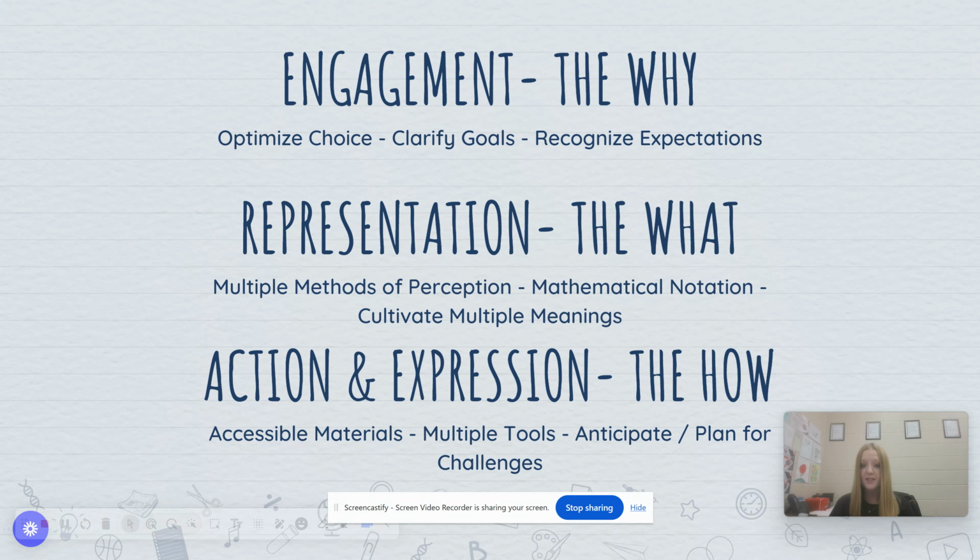As far as representation goes, there are multiple methods of perception. We heard a lot of different ideas from a lot of different students, and that was really awesome. Mathematical notation was also explored tremendously through this in a whole new insight, which was awesome. And then we cultivated multiple meanings.